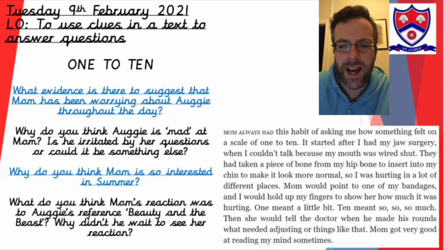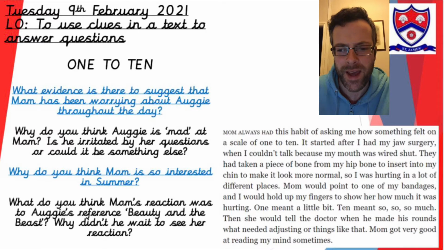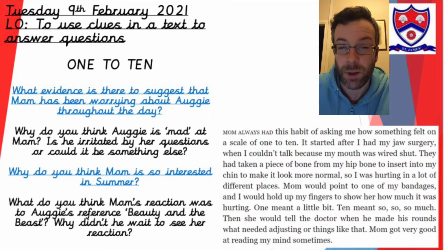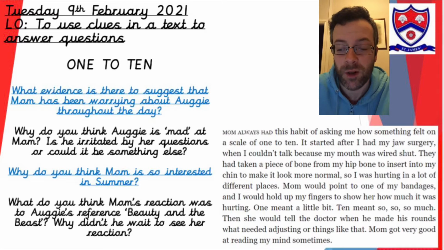Mum always had this habit of asking me how something felt on a scale of 1 to 10. It started after I had my jaw surgery, when I couldn't talk because my mouth was wired shut. They'd taken a piece of my bone from my hip bone to insert into my chin to make it look a bit more normal. So I was hurting in a lot of different places. Mum would point to one of my bandages and I would hold up my fingers to show her how much it was hurting. 1 meant a little bit, 10 meant so much.